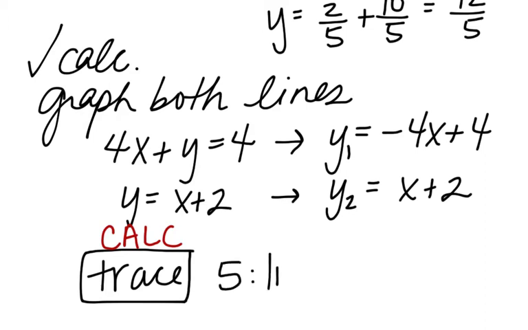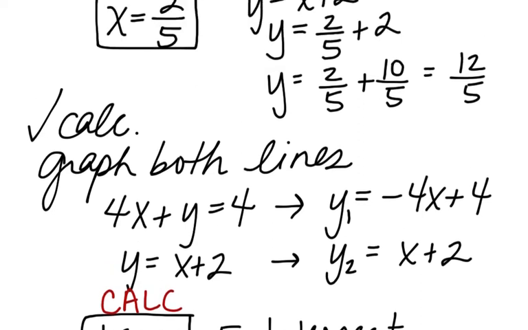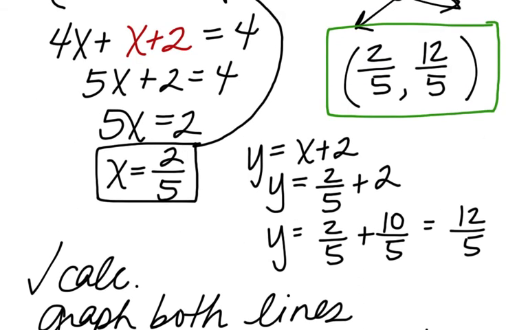And number 5 says intersect. And then you can follow the prompts. It'll ask you what's your first curve, press enter, second curve, press enter, then it'll ask you for a guess, press enter again, and it'll give you the intersection, the x and the y values of that point of intersection, and it should be 2/5, 12/5. Of course, it will give it to you in decimal form.